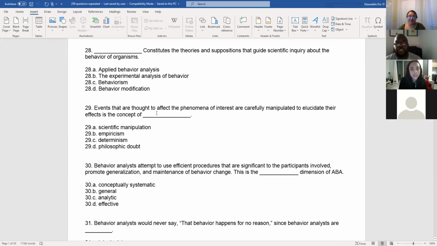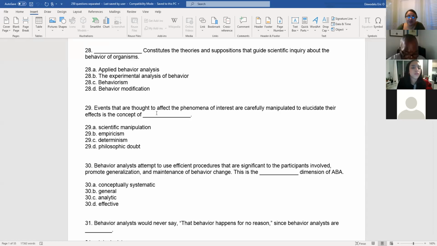Dash constitutes the theories and suppositions that guide scientific inquiry about behavior of organisms. That's behaviorism, I think. The experimental analysis of behavior, the EAB.